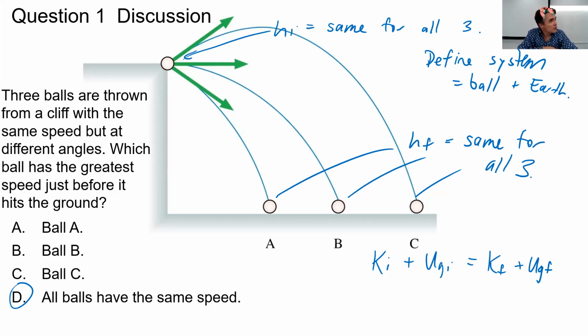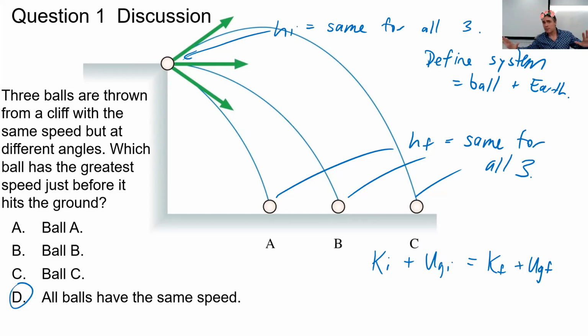Yeah. So the idea here is that energy is a scalar. It has no direction associated with it. Certainly the trajectories and the timing of all these things are going to be different. If you send it up, then the force is going to be slowing it down at first and then speeding it up. If you send it down, it's just going to speed up. So the work will do different things.